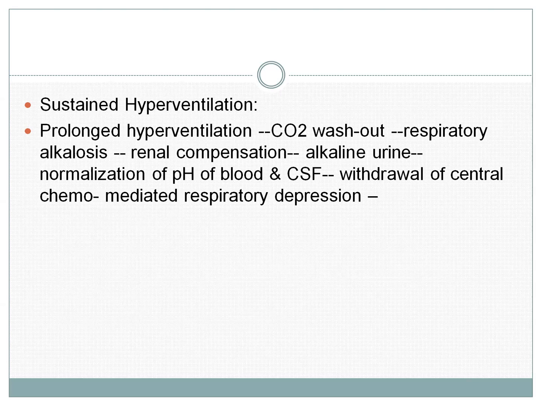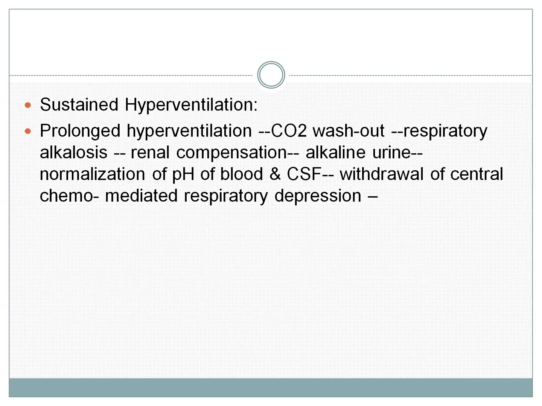Because there is hyperventilation in these persons that will wash out the carbon dioxide, and this leads to respiratory alkalosis. Now the kidneys will try to compensate for this respiratory alkalosis, and they will give alkaline urine output. And this tries to normalize the pH of blood and the CSF.